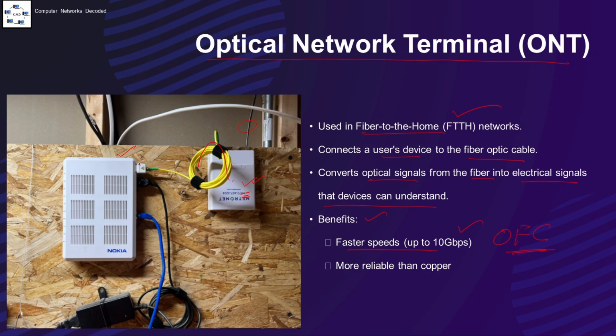So this is the fiber optic port, and most of the time this is also a Wi-Fi enabled device, so you can use it wirelessly. Your device can connect to it through Wi-Fi, or it also has Ethernet ports. You can also connect your device through an Ethernet cable.